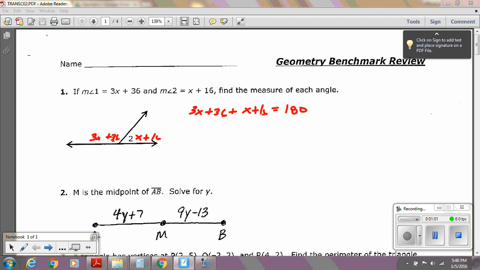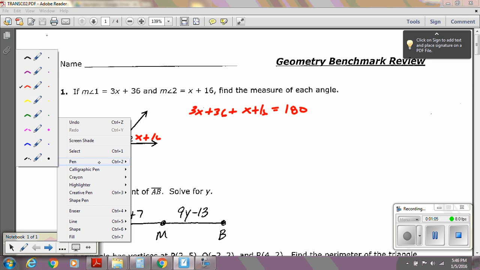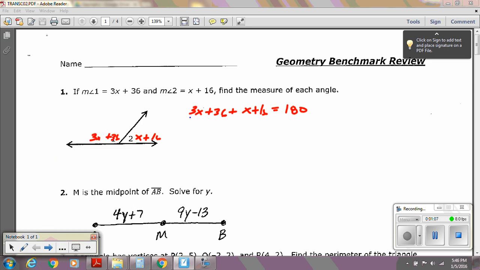So now I would need to combine like terms. Combine 3x with x, and you get 4x. 36 and 16, and you'll get 52 is equal to 180.